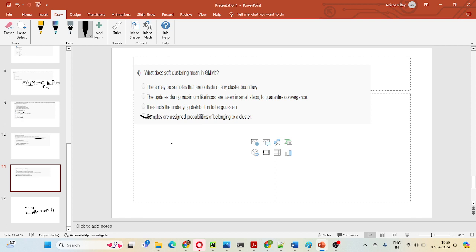In GMM, you have different Gaussian distributions, shaped like this. So which distribution does a point belong to? This is what we mean by clustering in the case of GMM.